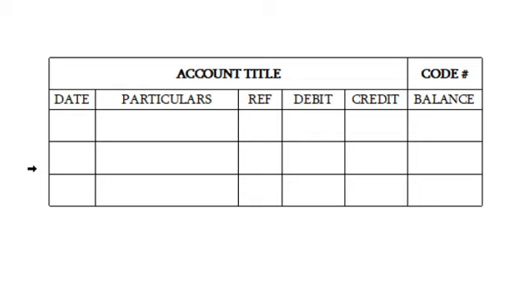Nandito yung date, particulars, kung anong klaseng transaction, reference, ibig sabihin kung anong page number ng journal, kung naka-debit ba or naka-credit yung account natin, and the balance. So, ito yung standard format ng ating ledger.